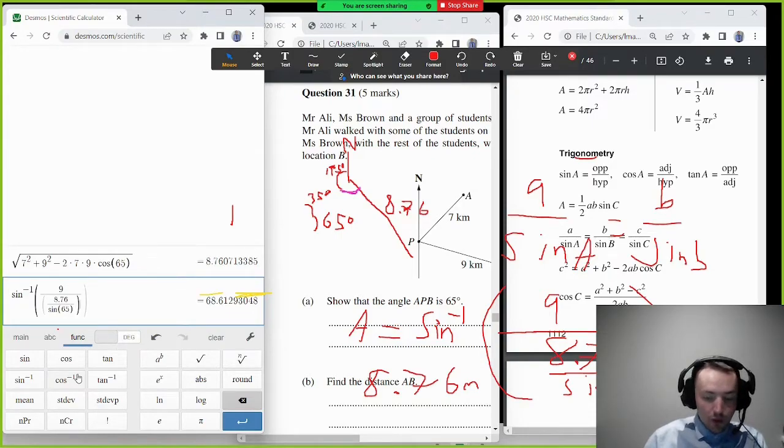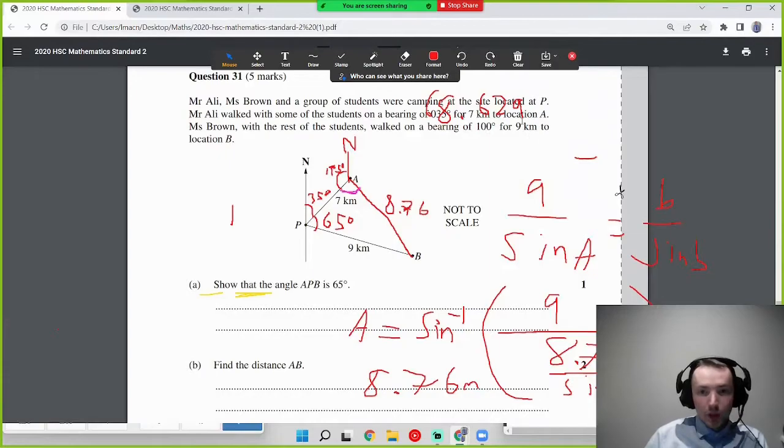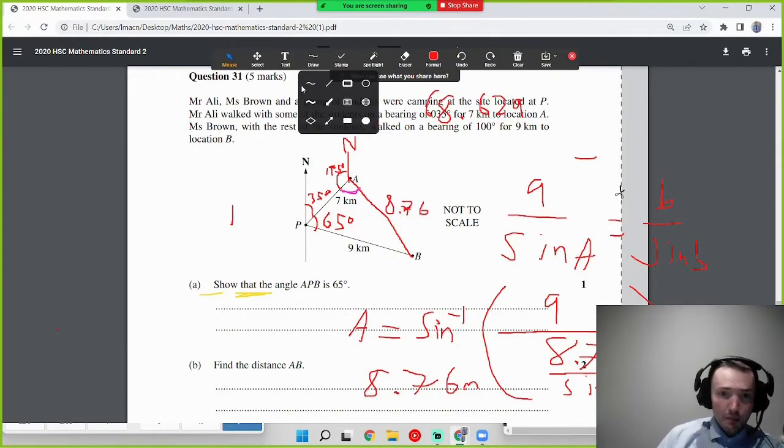Close that. Oh no, close that. And then the result is 68.629. Okay, so that means that this angle, the purple, is 68.629.